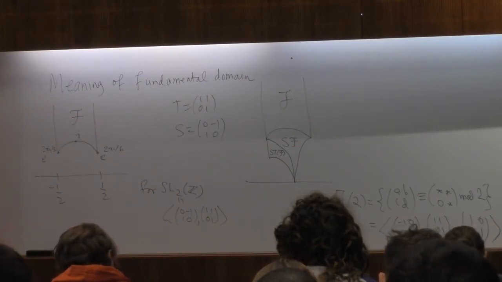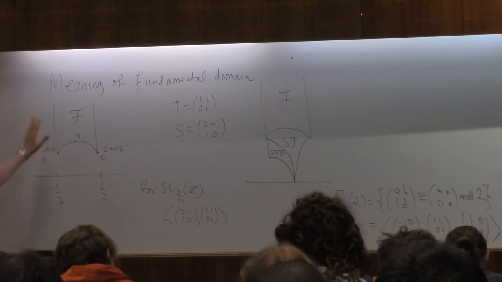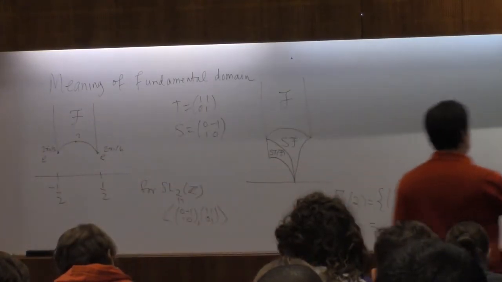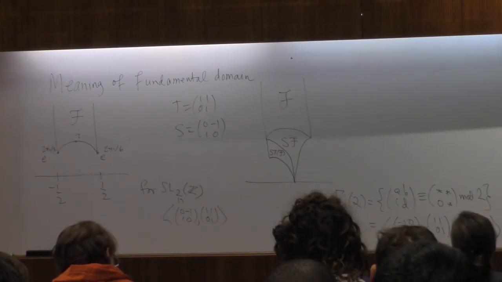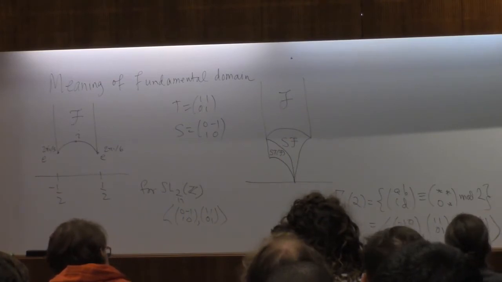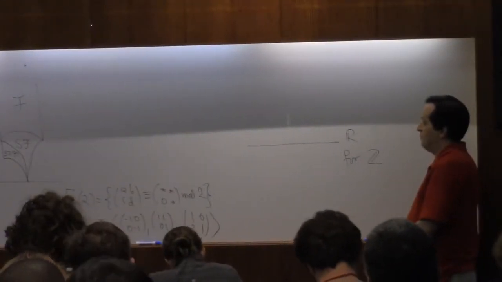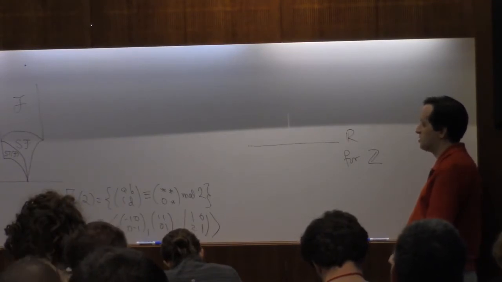So what's the meaning? The question was, what does it mean when I say this is a fundamental domain for this group? Well, let's take a look more simply at the integers on the real line. The integers act by translation. What's a fundamental domain for the action of adding integers to real numbers?